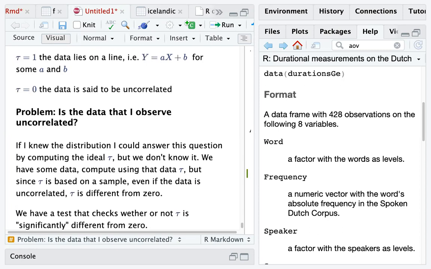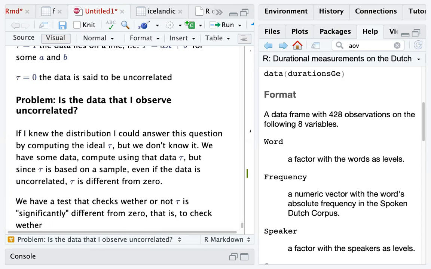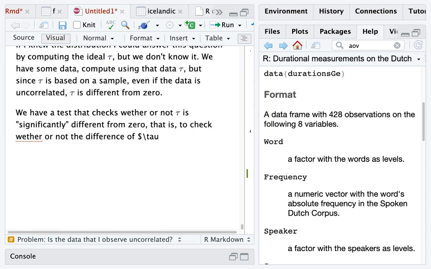That is, to check whether or not the difference of tau from zero is due to randomness or to a real difference, or to a real correlation.